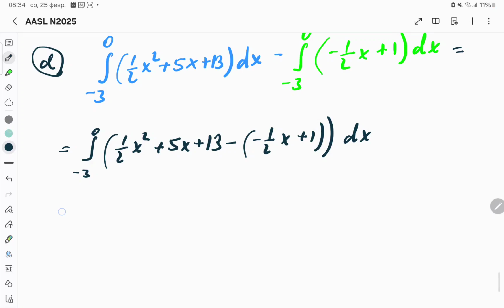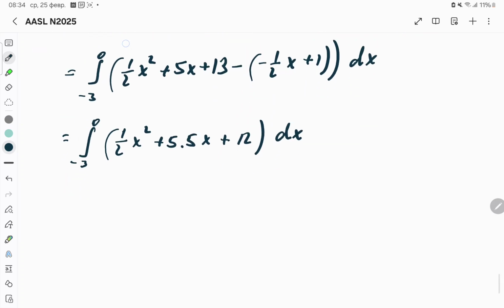Okay, now let's subtract the inner expression. 1 over 2x squared. So it is 5.5x plus 12. Okay, so the simplification is finished.